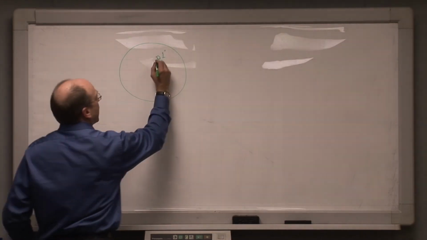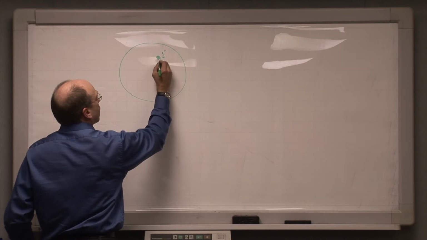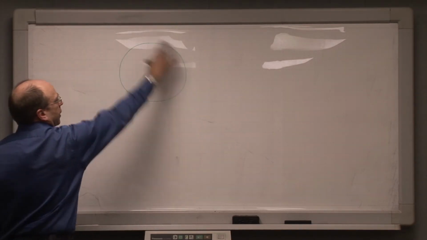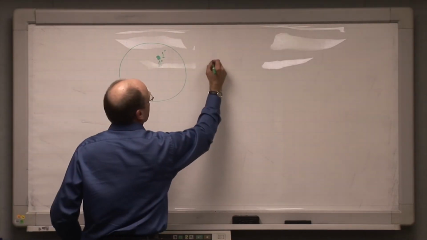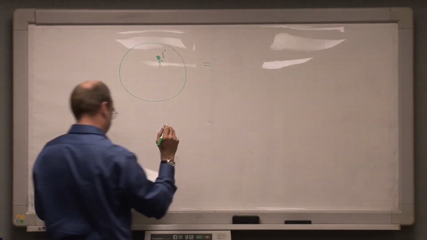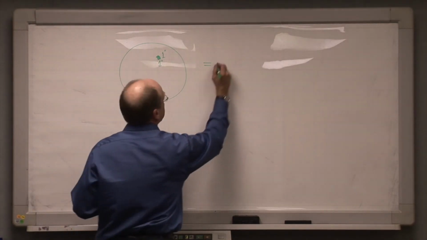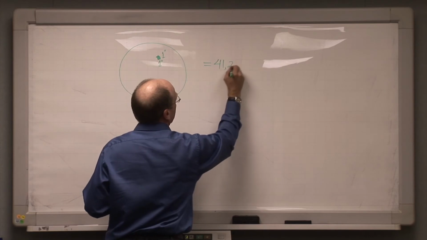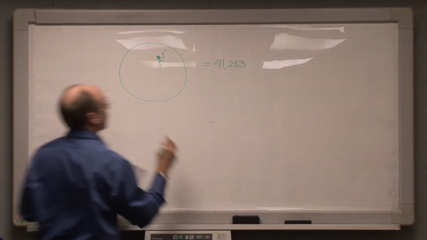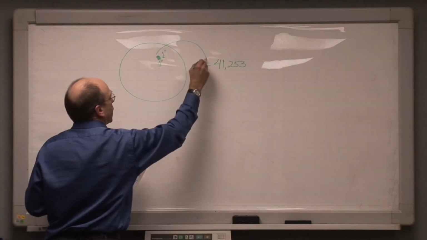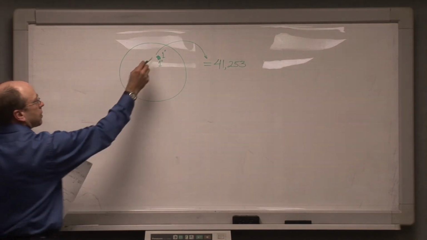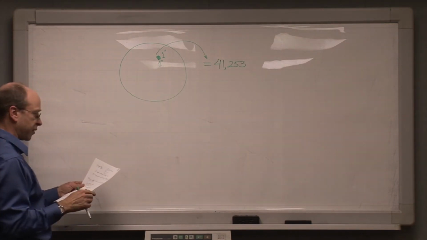And how many of these little 1 degree squares fit onto the surface of a sphere? The answer is 41,253 of these little 1 degree sized areas on the surface of a sphere.